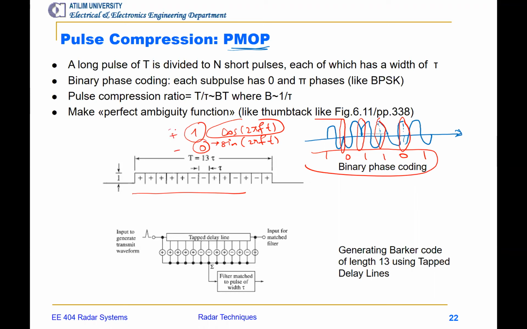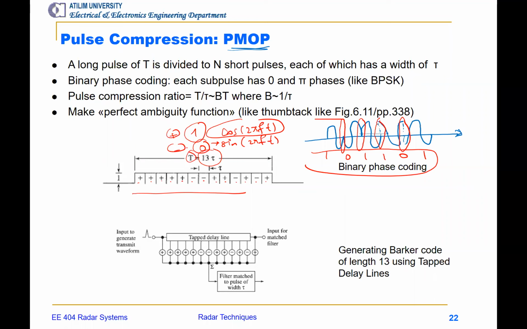So plus and minus simply. So cosine, cosine, cosine, cosine, cosine, sine, sine, cosine, cosine, sine, cosine, sine, cosine. So I got 13 bits simply to construct a pulse of duration T.